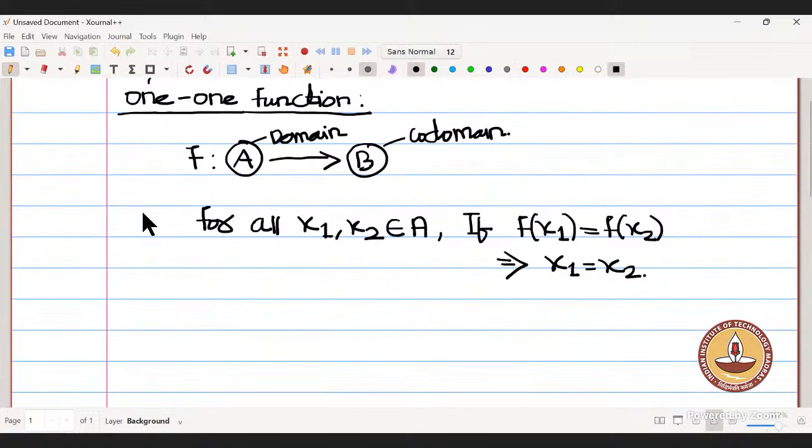And there is one other equivalent definition of this one-one function. Can one of you tell me what is the other equivalent definition of one-one function?